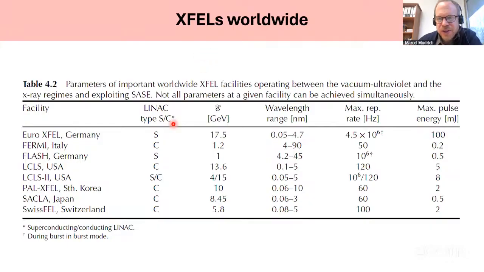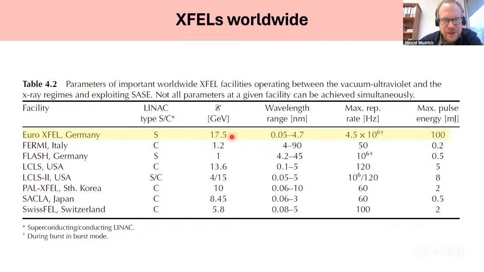So here's a short compilation of the different main properties for those FELs that are online now. With European XFEL on the top, because here we are talking about, I think, reported the highest 17 millijoule pulse energy. The design value is 100.